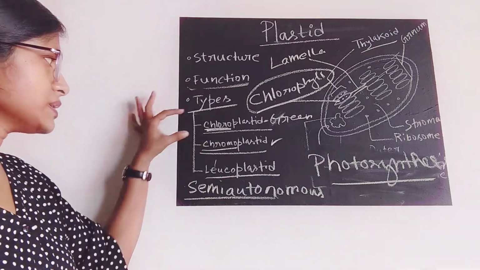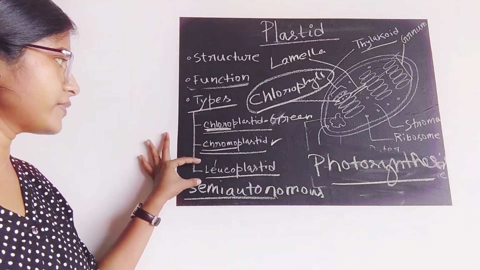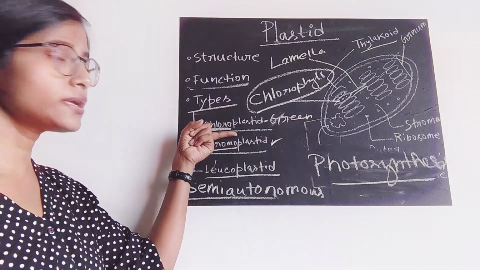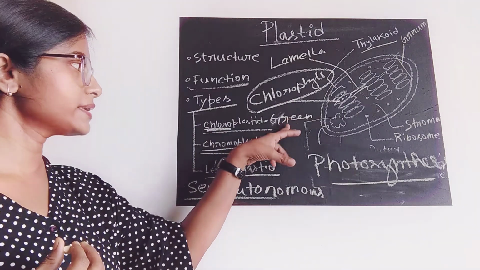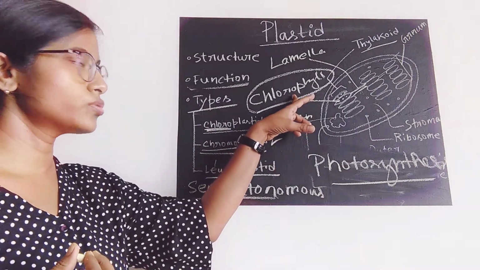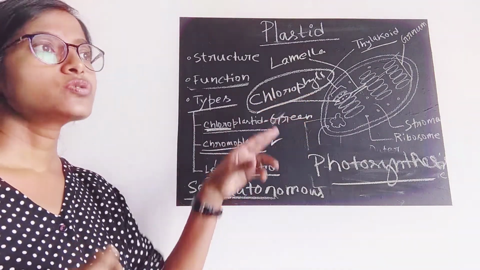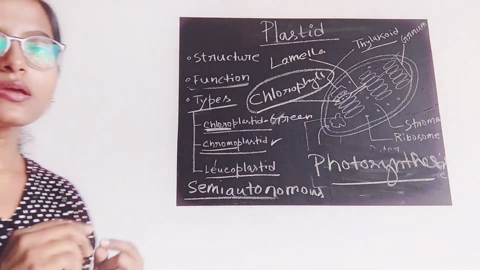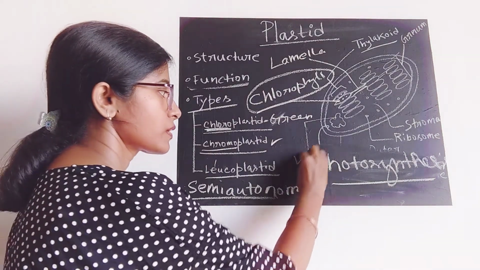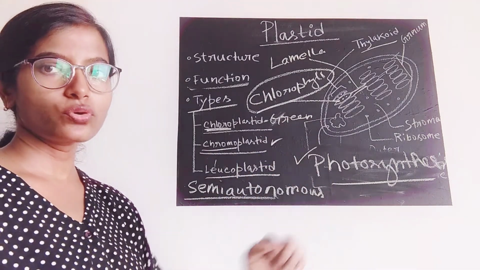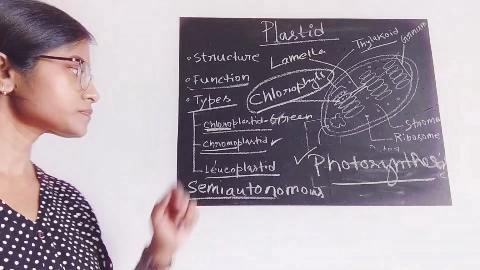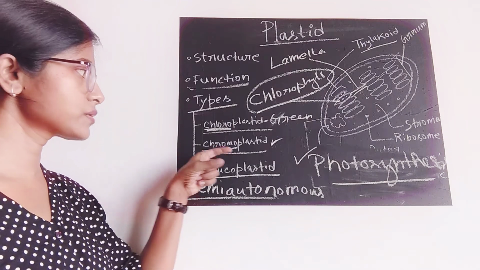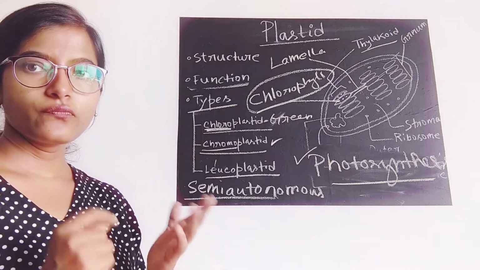So we'll discuss the function of each and every type of plastid. First one is chloroplastid. As we have already discussed, it is green in color due to the presence of chlorophyll. So its function will obviously be photosynthesis. The second type is chromoplastid.